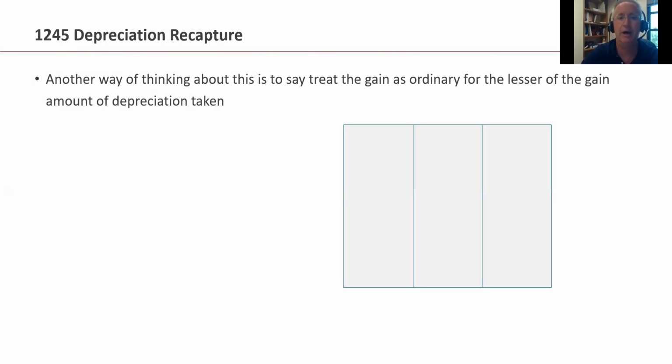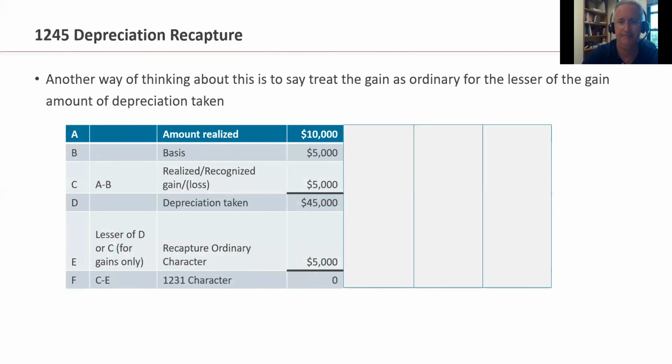Okay. So another way of thinking about this is to say I'm going to treat the gain as ordinary for the lesser of the gain amount or depreciation taken. All right, so here's Lola. Here's our example. The amount she realized was $10,000. Her basis was $5,000. That means she has a realized and recognized gain of $5,000. There's absolutely no deferral here.